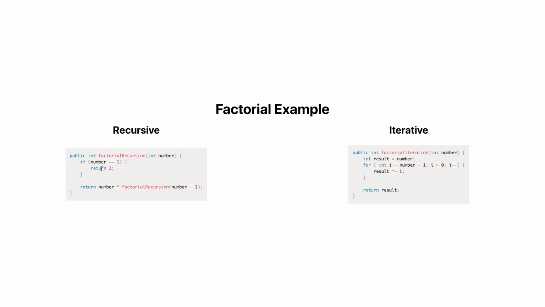So what part of the code makes it call itself? There's no for loop or anything like that. It's right here where it's actually calling its own function. So if we see here, it's factorial recursion. Here, it's calling factorial recursion. It's like that stack, the callback stack that we talked about earlier.